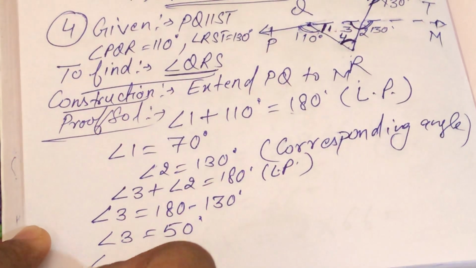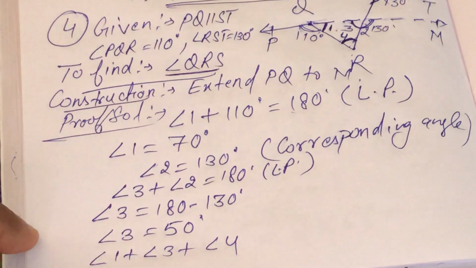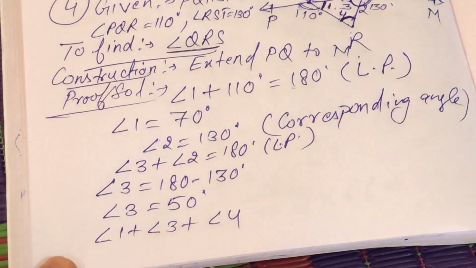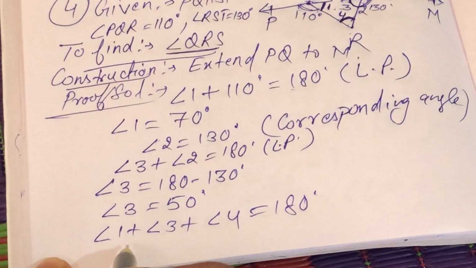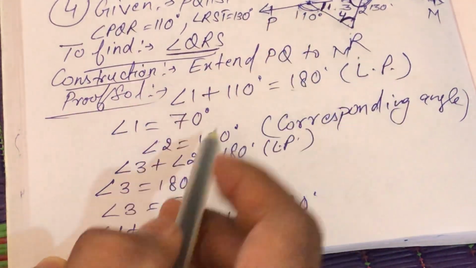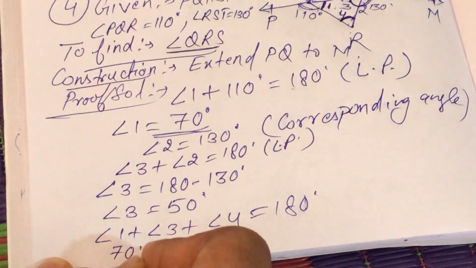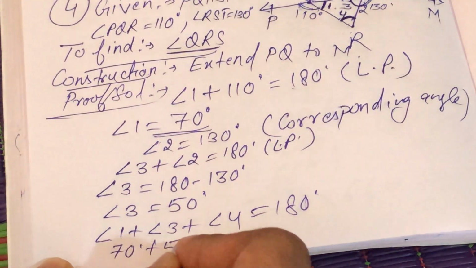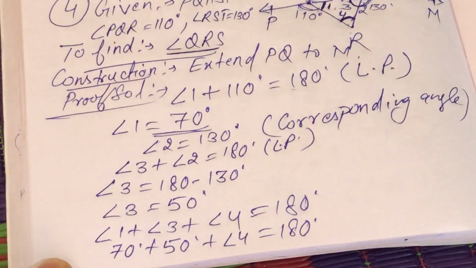So angle 1 plus angle 3 plus angle 4 equals 180. Angle 1 ये वाला हमने find out किया था, it is 70. So 70 plus angle 3 is 50 plus angle 4, which we need to find out, equals 180.